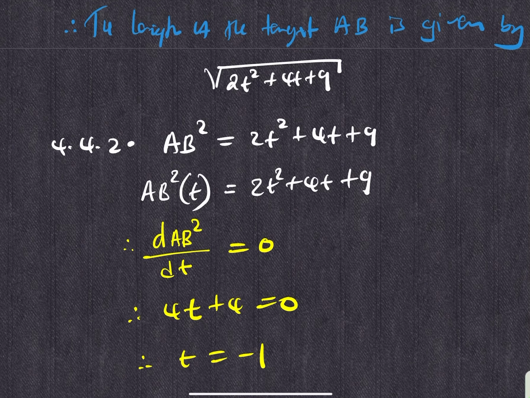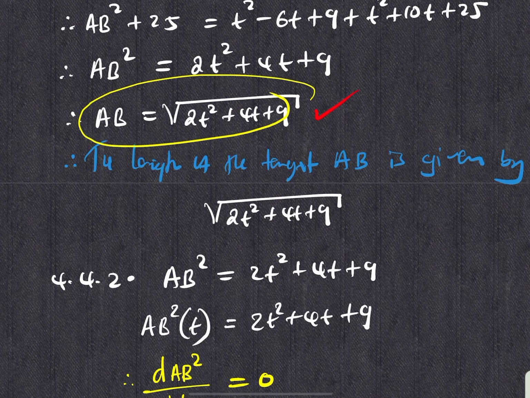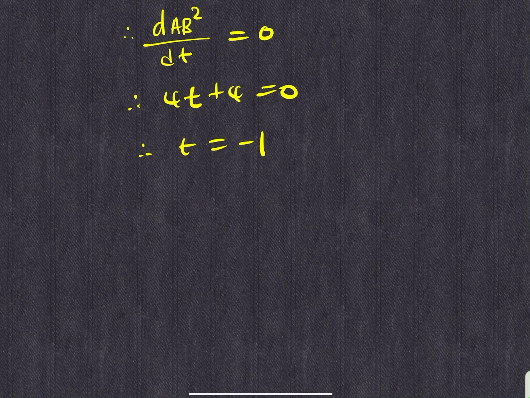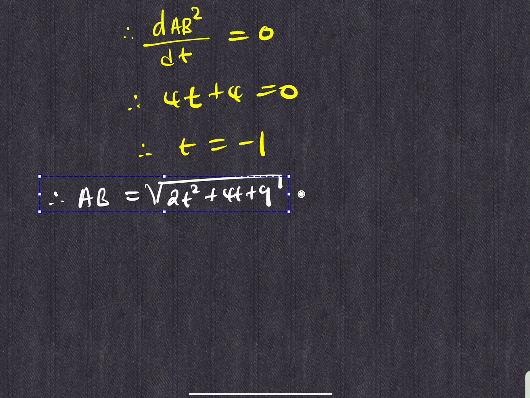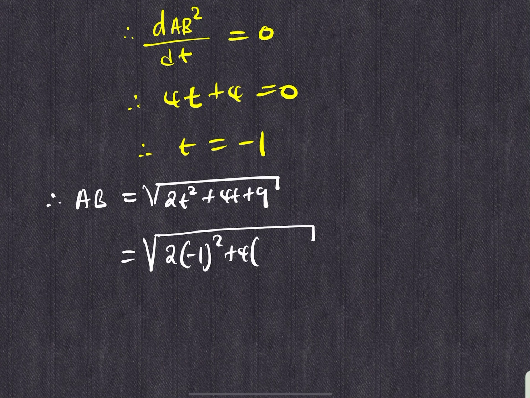But hey, think about it. You are looking for the minimum distance of AB. So I'm going to take my equation for AB squared and plug t as -1 there, and this will give the minimum length they are talking about. So this is 2(-1) squared plus 4(-1) plus 9.